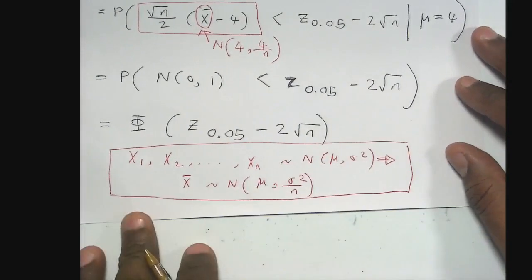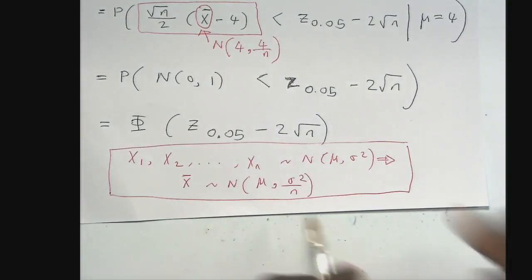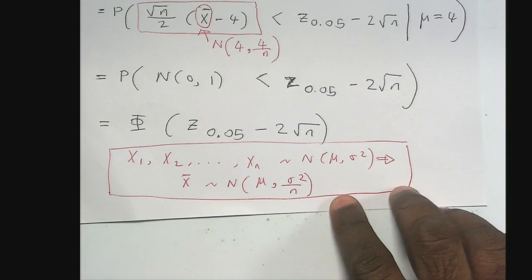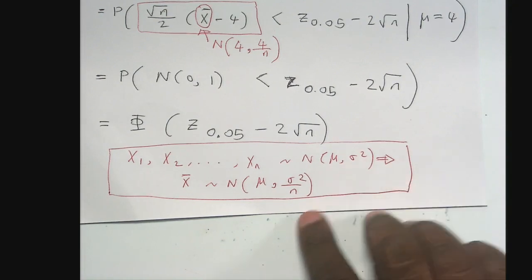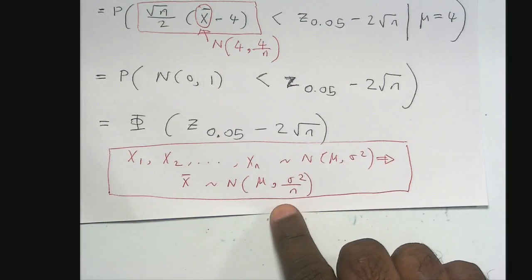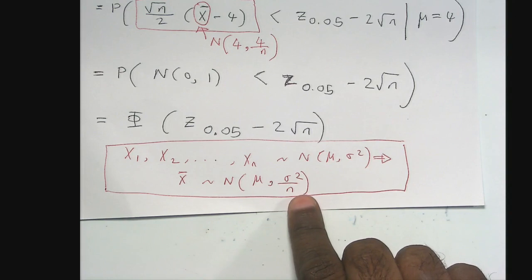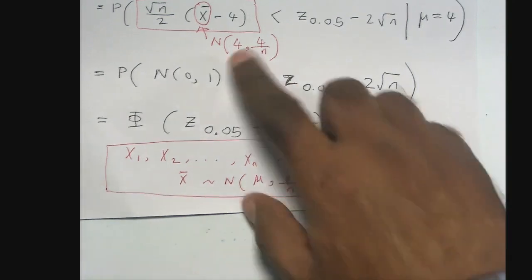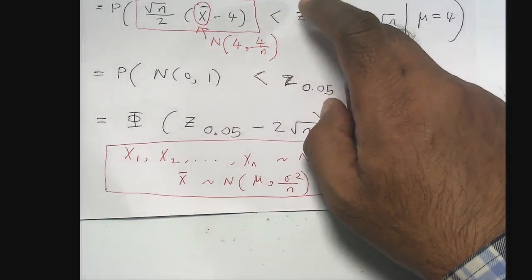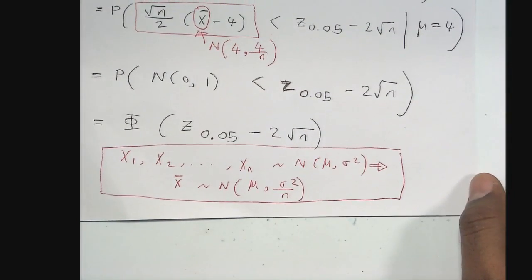This is the result I used to get this, guys. Do you remember this result? Have you seen this before? If you have a random sample from a normal, then the sample mean also has a normal distribution with these parameters. It's on week 2 of the notes, guys. We did this in week 2, and this is the result I used to get this.